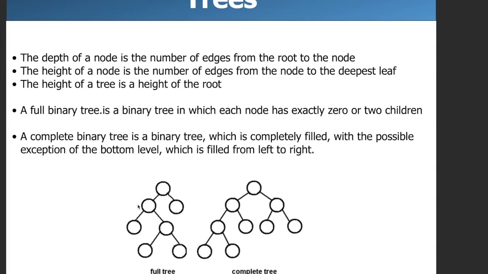But if there are more nodes, we need to calculate the number of edges from the root to the deepest leaf. And a binary tree can be full and complete, but we will talk about this a little bit later. You can see some examples here.